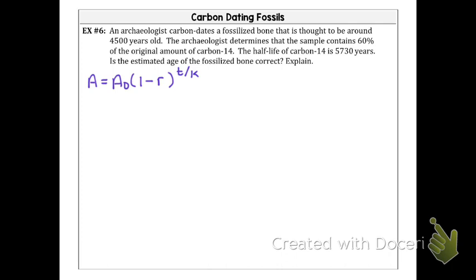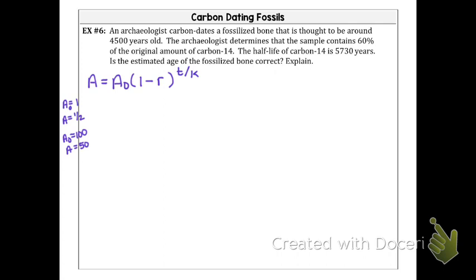Now, when you do this, a lot of times they won't tell you a beginning and an ending amount. So you know that you can make one up for starters. If we let our beginning amount be 1, then after the half-life, half of that would be left, which would be 1/2. Or if I let my beginning amount be 100, then I know after the half-life there's 50 left.